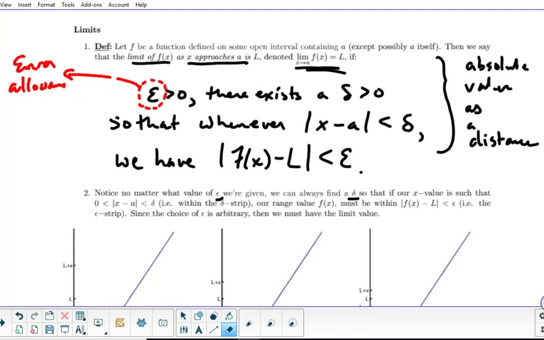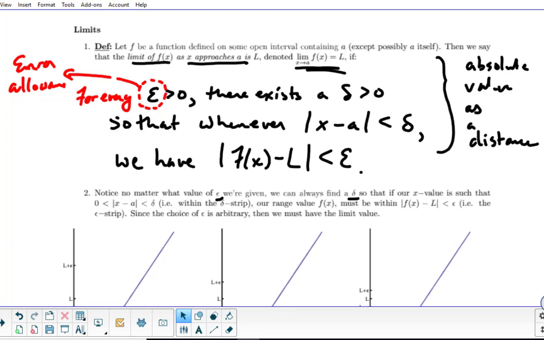Let me add, I think I said it when I wrote it, but I don't see it here now, so I didn't write it: for every epsilon greater than 0. Now you don't really need that word every, but I want to point to it right now. So now that I did that, what is the most complicated word in that definition? Every. So let's suppose somebody gives you an error tolerance.